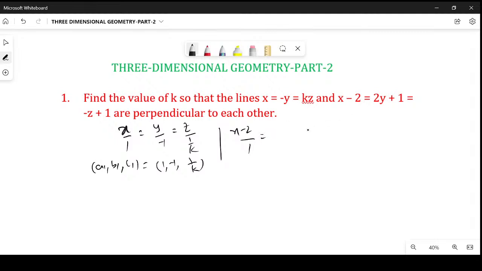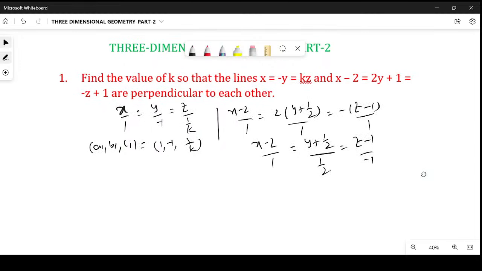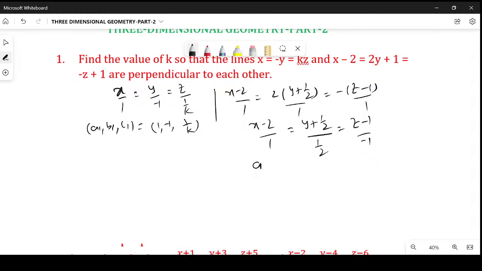Write the standard form: take 2 common, (y + 1)/(1/2), and take minus common, (z - 1)/(-1). So the standard form is (x - 2)/1 = (y + 1)/(1/2) = (z - 1)/(-1). The DRs a2, b2, c2 are 1, 1/2, -1.